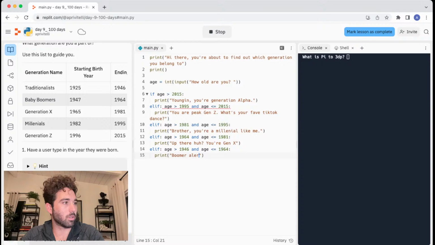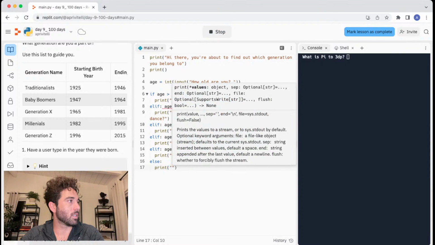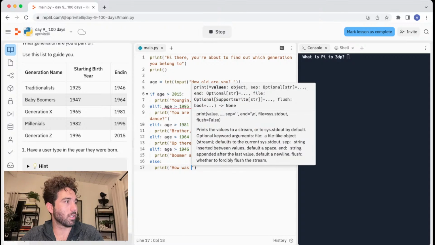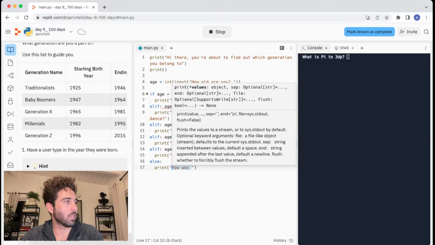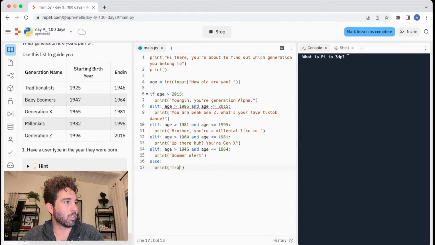Boomer. Boomer alert. Elif, age greater than, oh wait, no, else. Else, print traditionalists.